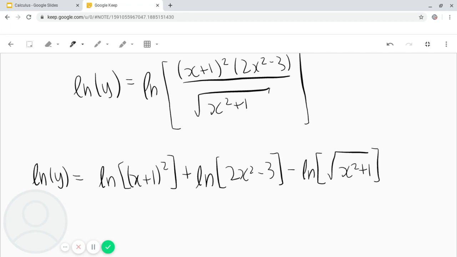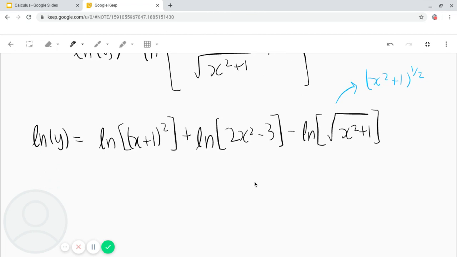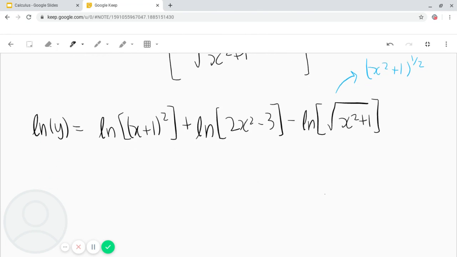I'll just point out now that the square root of x squared plus 1 is equal to x squared plus 1 to the 1 half, just exponent laws. That'll make it easier for us to simplify a bit more. Then we take some of those exponents out.